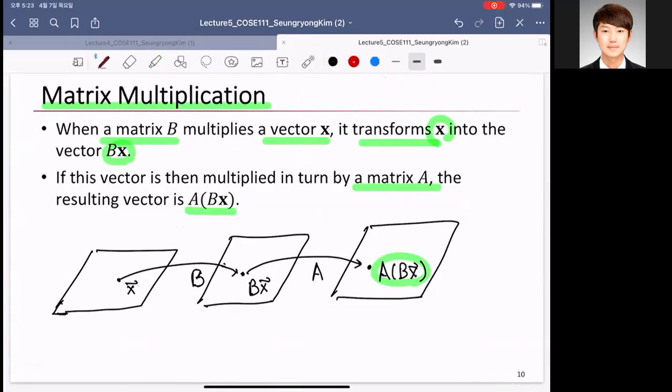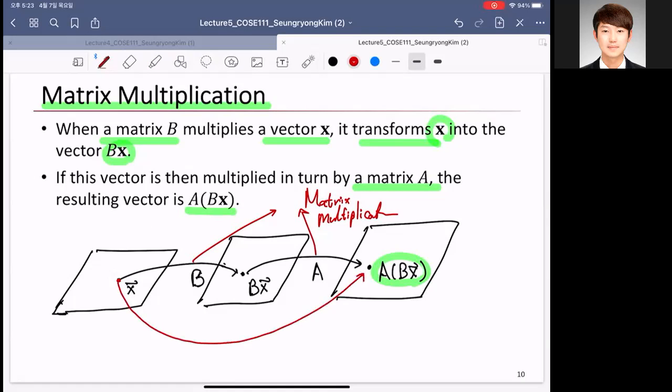Because matrix A and matrix B are linear transformations by matrix multiplication, by the properties of matrix multiplication there is another mapping X to A(BX) directly with matrix AB as a transformation.